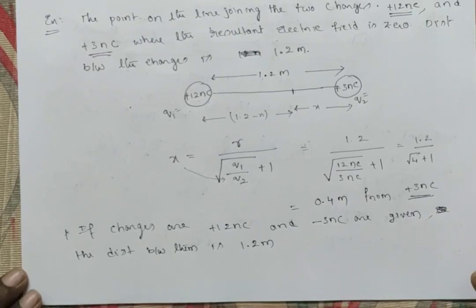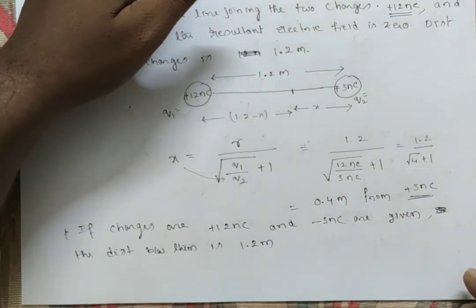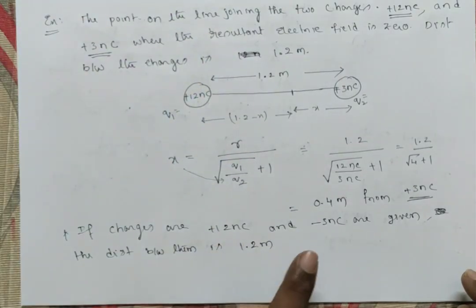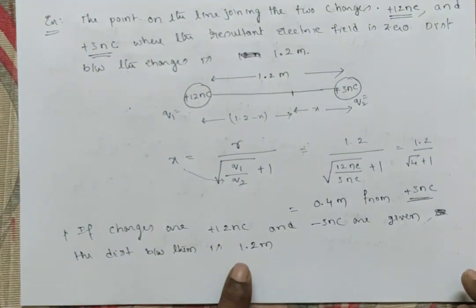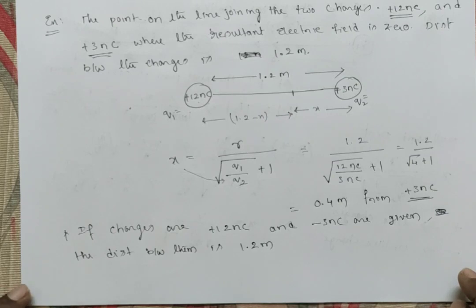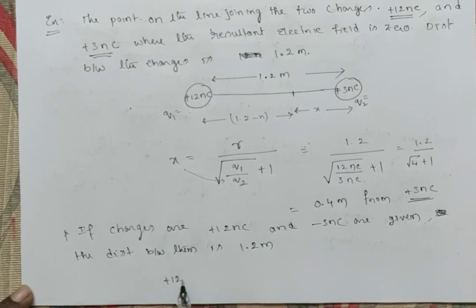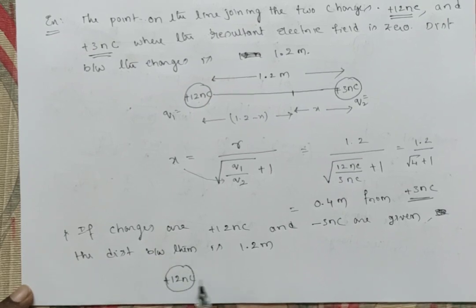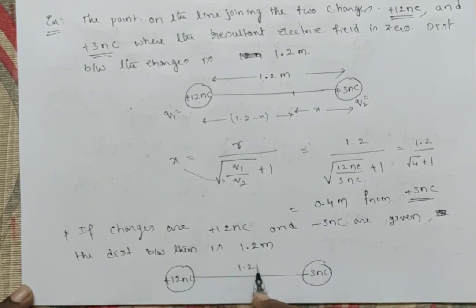There are unlike charges, separation is 1.2 meters. One is plus 12 nanocoulomb, another one is minus 3 nanocoulomb, separated by 1.2 meter. They are unlike charges, so what is the formula we have to take?